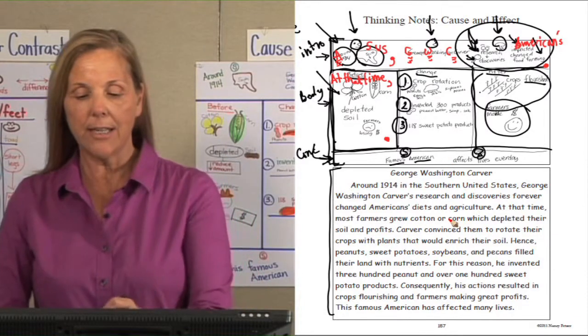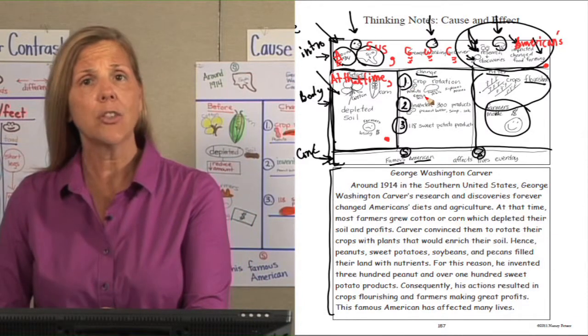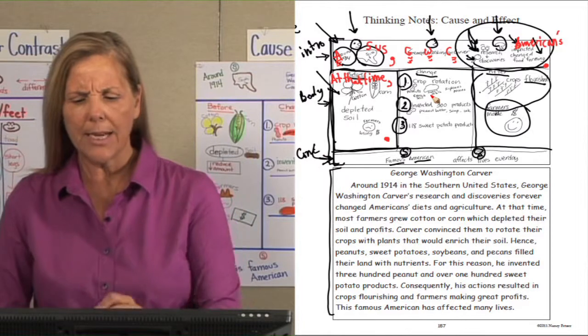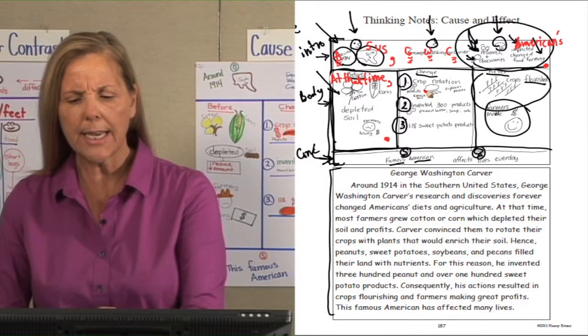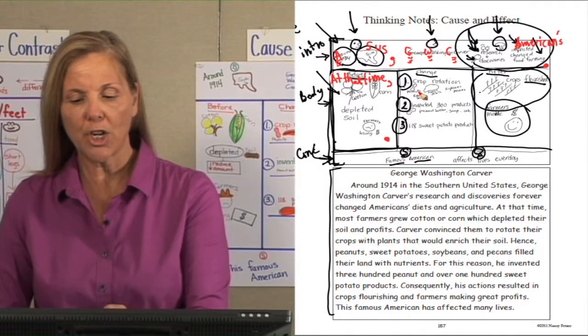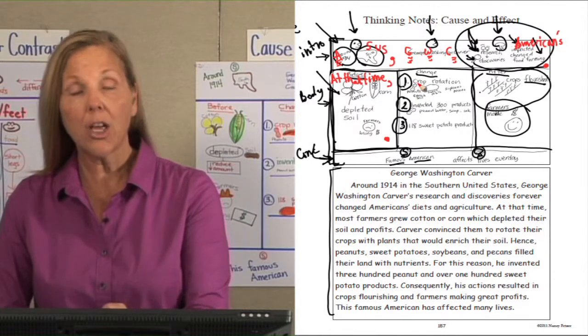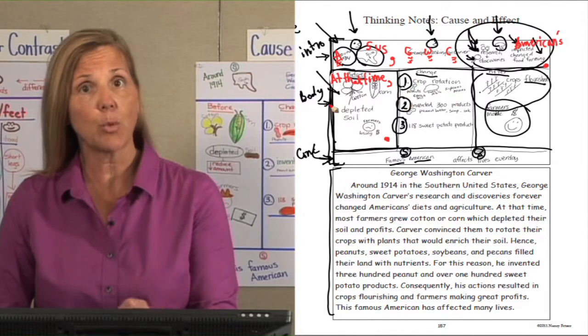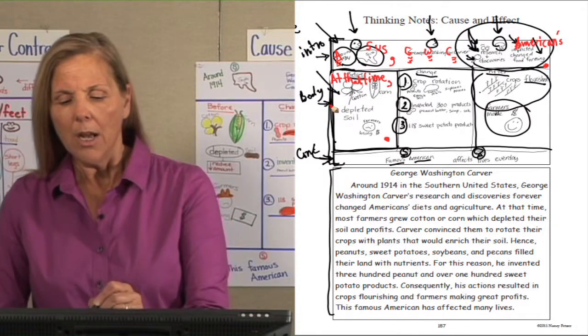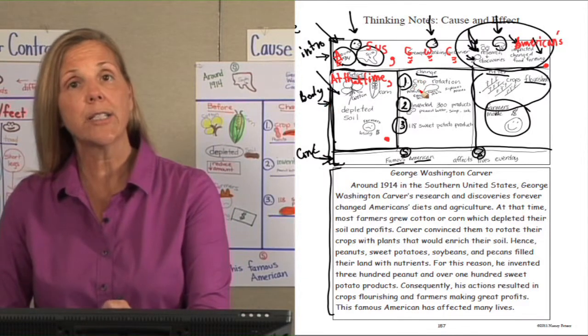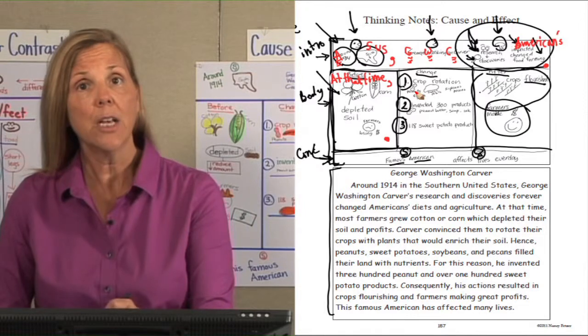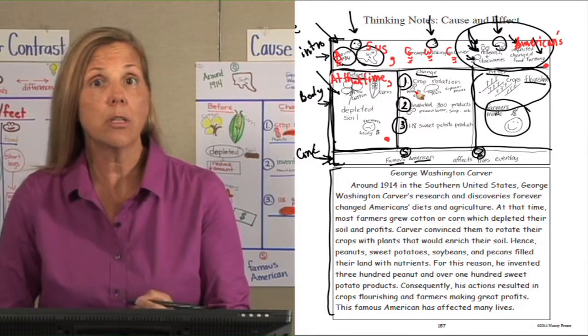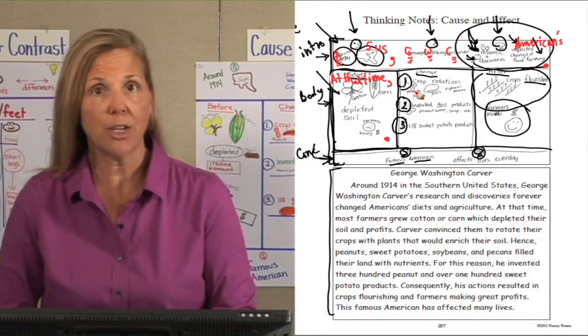In the next sentence, when I go to the change, I am just asking myself, who or what is this sentence about? It's about George Washington Carver. What did he do? He thought of crop rotation as one of the solutions to help farmers with their depleted soil. I could start with a transition signpost word or phrase, but this time I'll just use his name, Carver, the subject of the sentence.